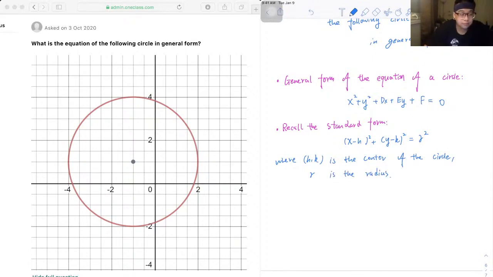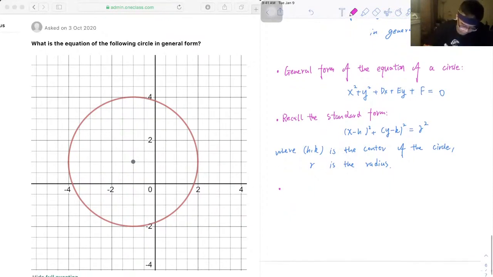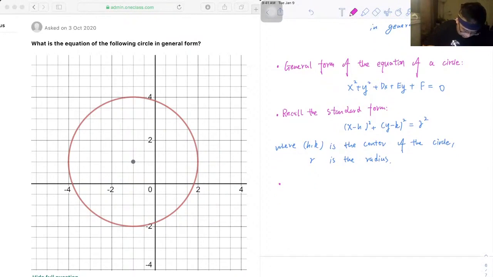Right. So as seen from the given graph, we know that the center is at the black dot right here. So it is negative 1 and 1. Now let's find out the center and the radius.